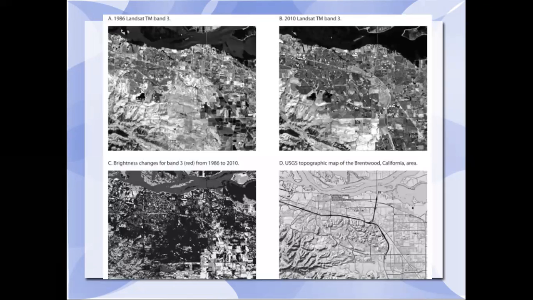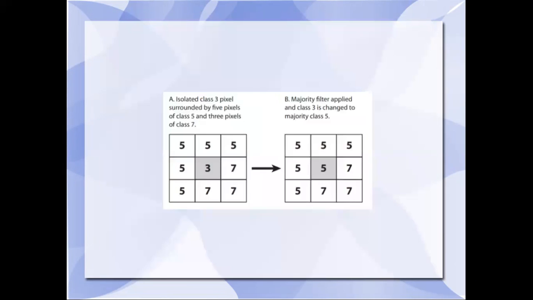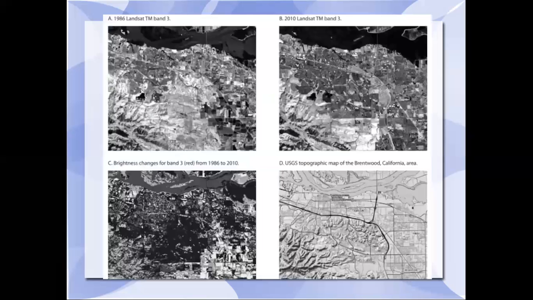So since 3 and 5 from this slide, you would subtract 3 minus 5. So you would actually get a negative value, which would be -2. So that image would be dark.